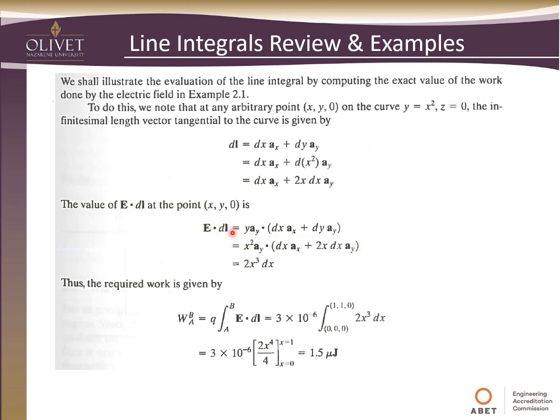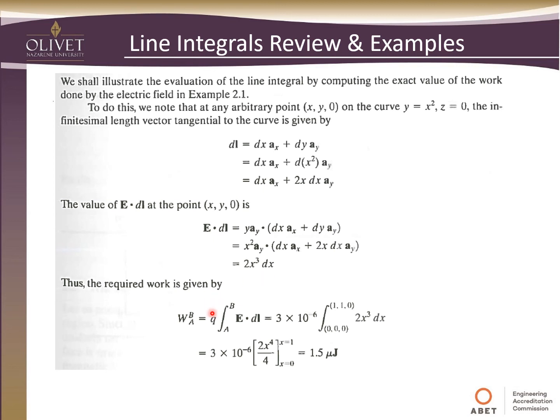Again, we have this dot product now expressed in a single equation whose only variable is x. If we take the dot product, the a_y a_x part drops out completely because they are perpendicular with each other. So now we're just left with this a_y and this a_y term dotted together, and when we do, we have 2x and x squared. That gives us 2x cubed dx.